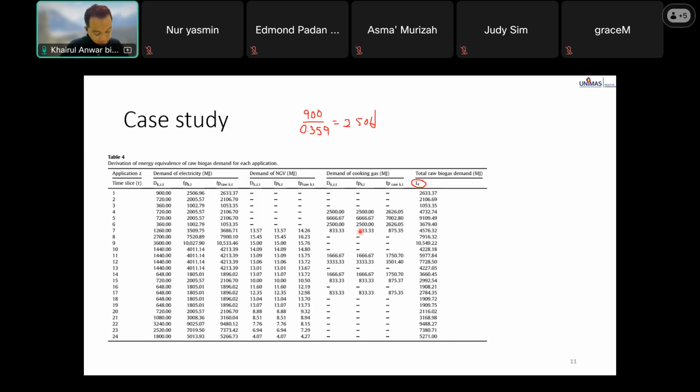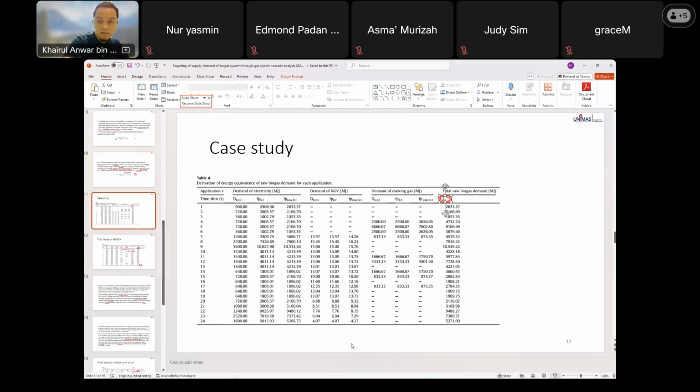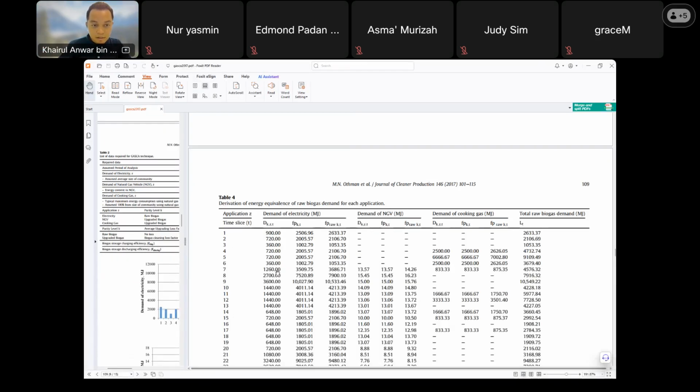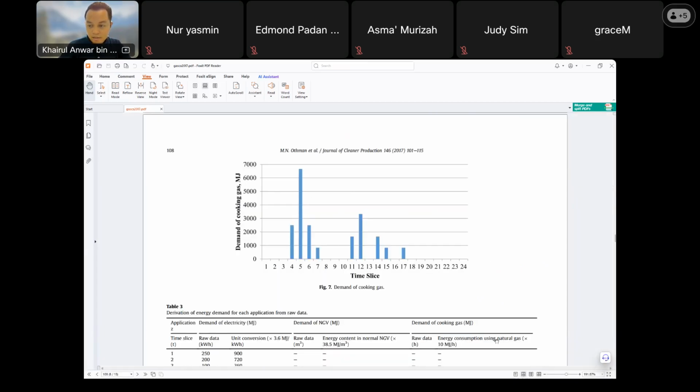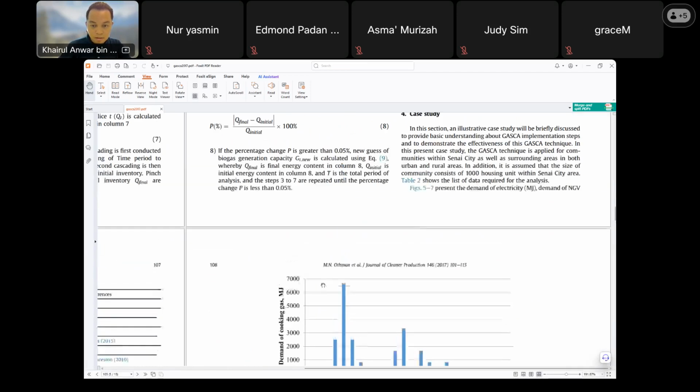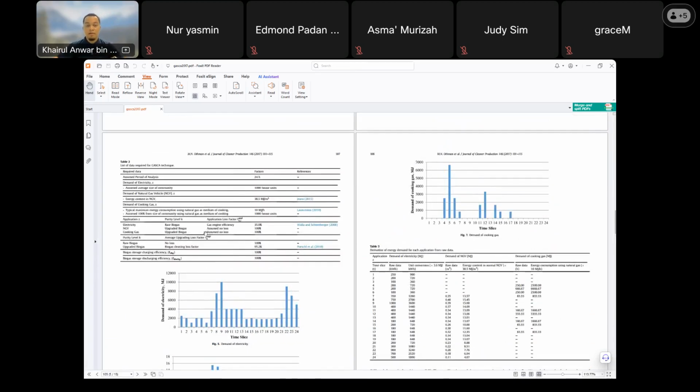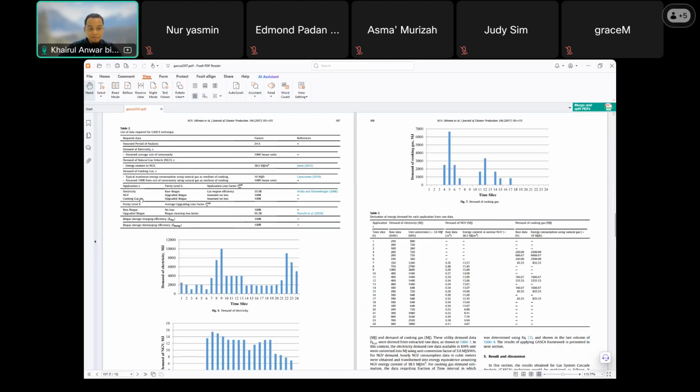If you refer to table 2, see here, application loss factor, only the electricity has a low value, 0.359.